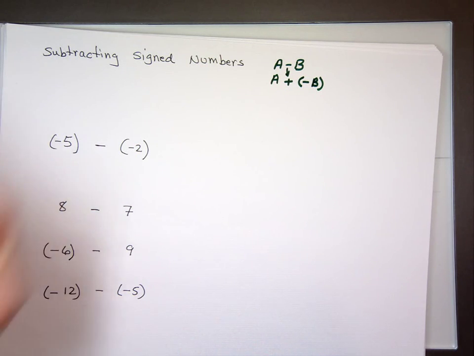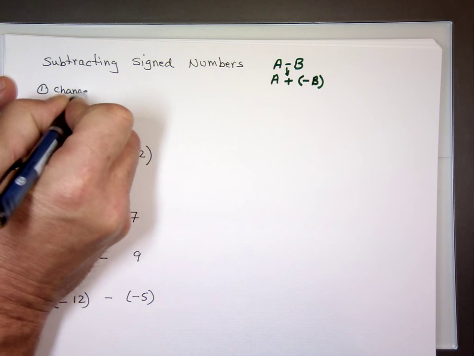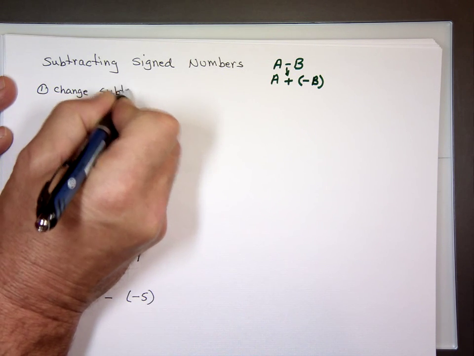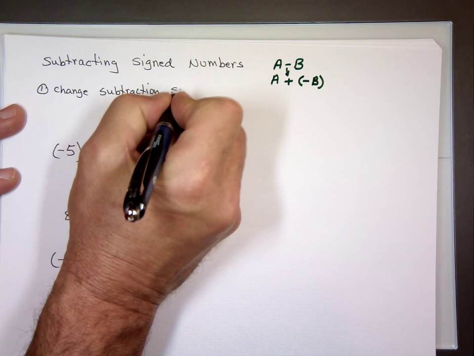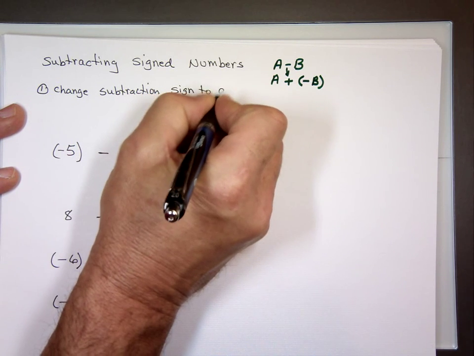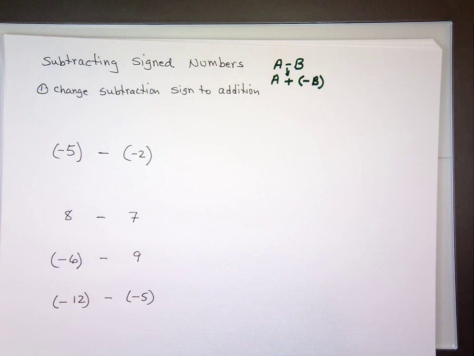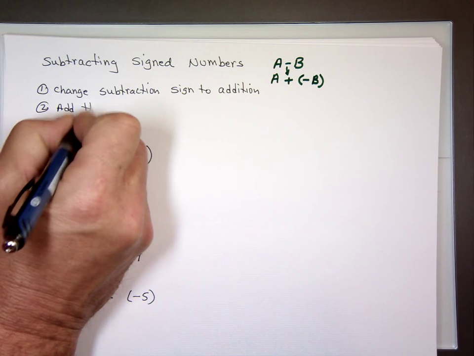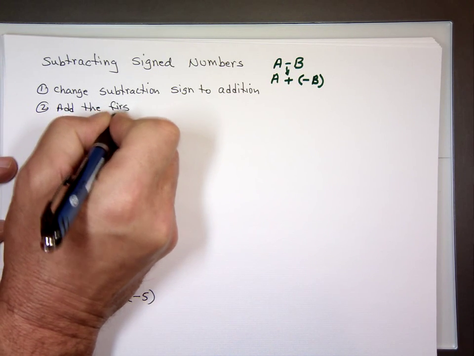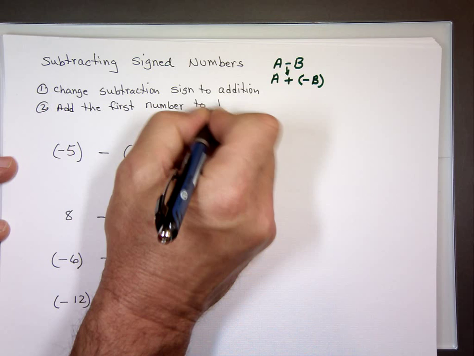So step number one, change the subtraction sign to addition. And step number two, you add the first number, add, not subtract, to the opposite of the second number.